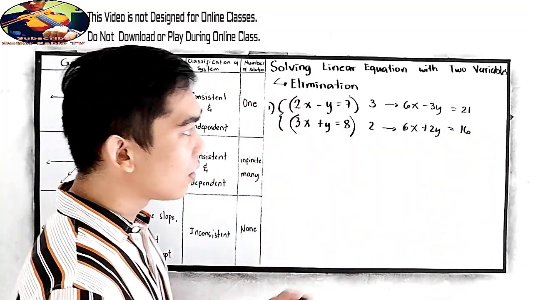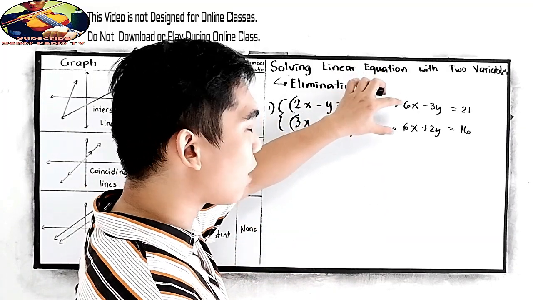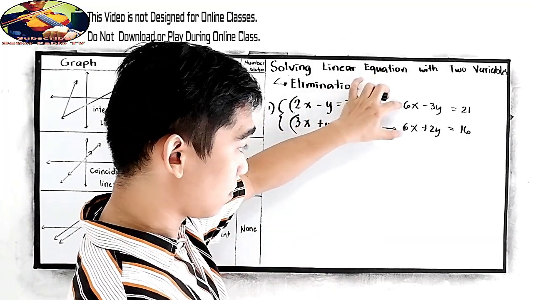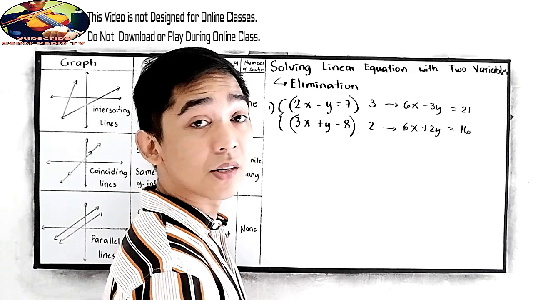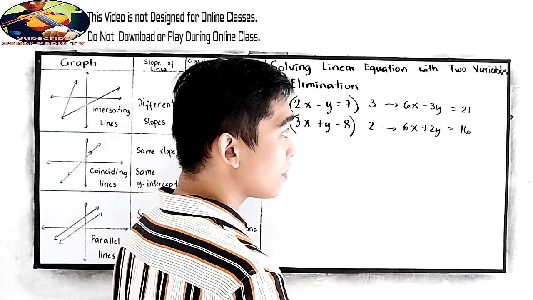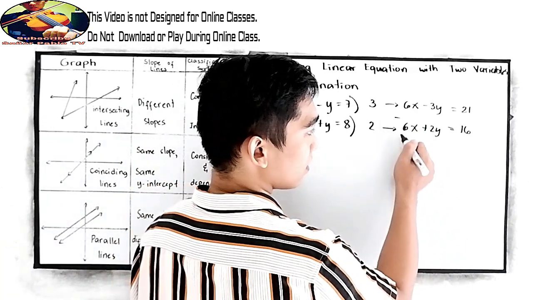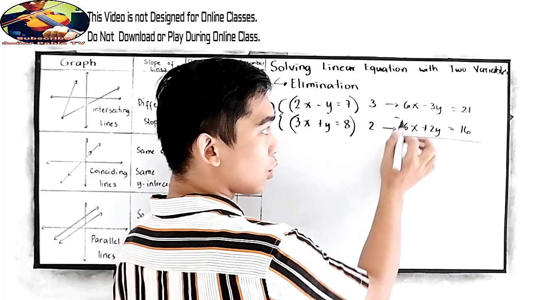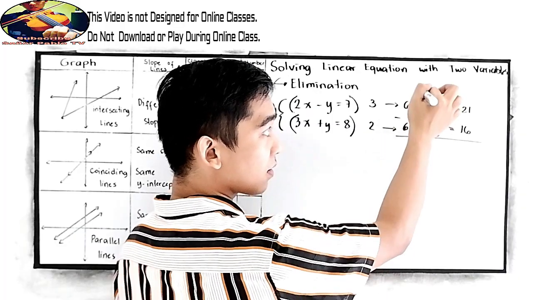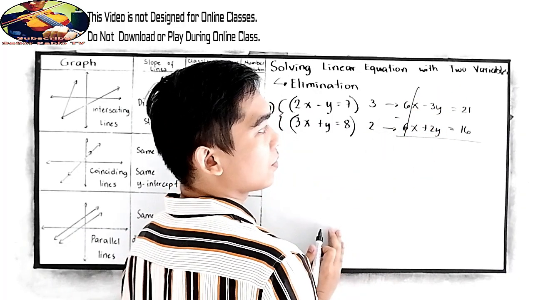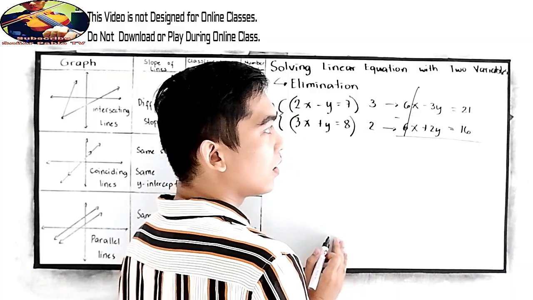Notice that our coefficients in our x are the same. So to eliminate that, we need to subtract. Okay, so 6x minus 6x, that will be 0, or we can just cancel that out.